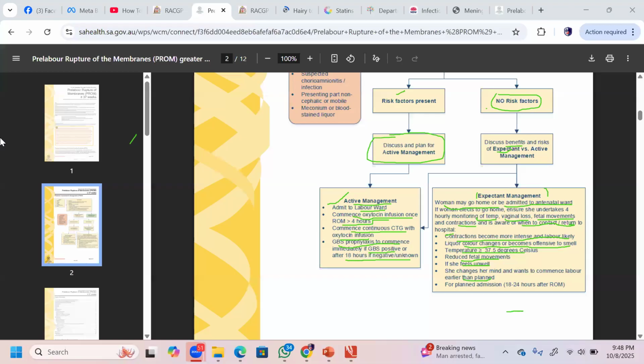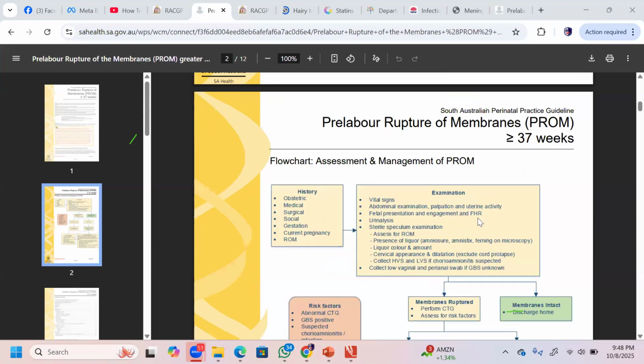So these are the expectant management. But in the exam, the important one, what is the next step? The next step is always oxytocin and later on other steps. Any question, doctors? Does it make sense?